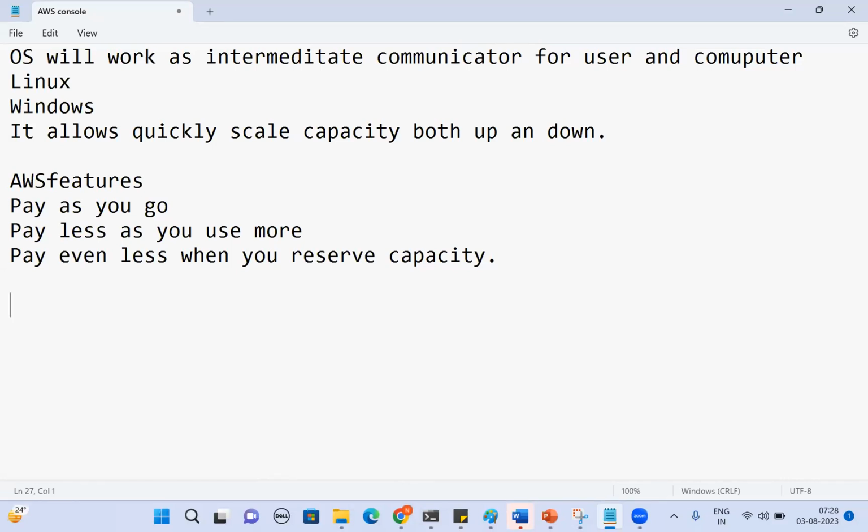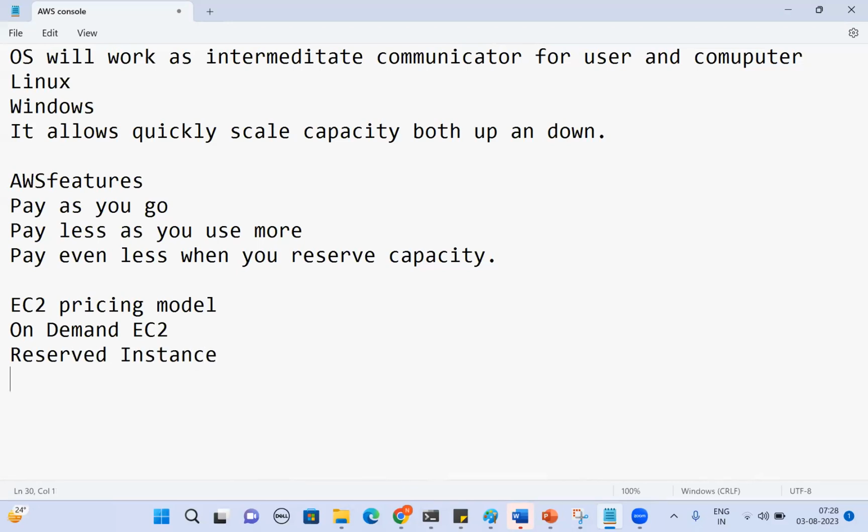As per the EC2 pricing model, we have a few types of EC2 instances available. One is the on-demand EC2 instance, the second one is the reserve instance, and the third one is the spot instance.